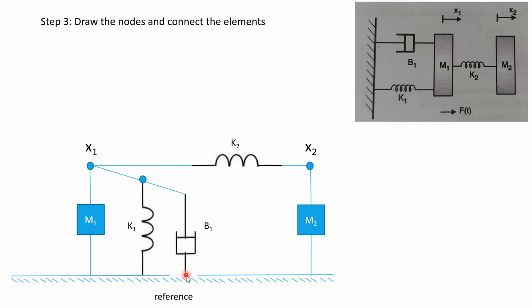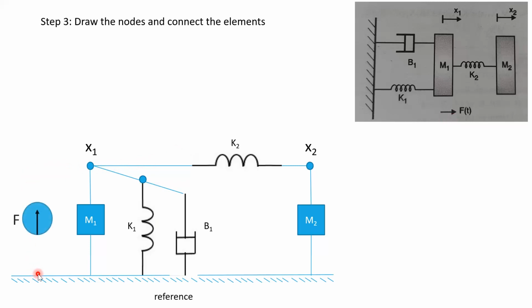with a horizontal line. Now since all the components are connected here, there is only the input remaining to be connected, and that input is f of t, or simply force, which is applied to mass m1, and this force will be connected between x1 node and the reference node.